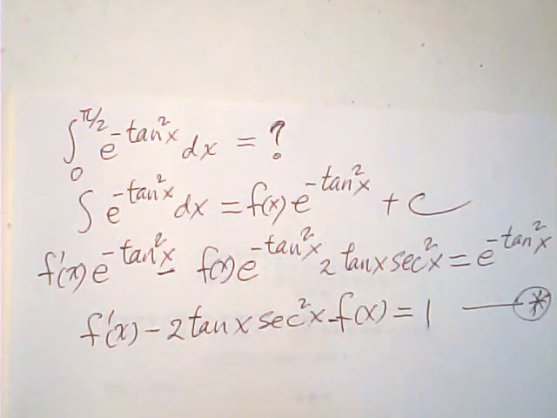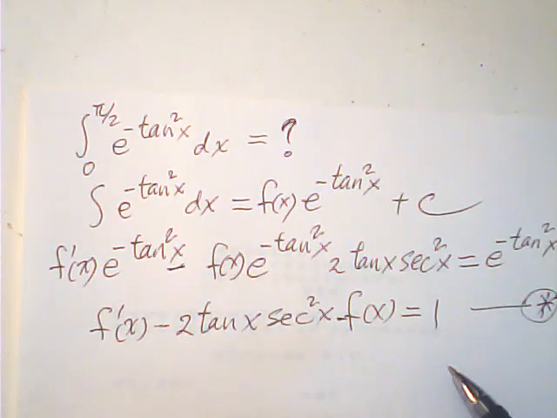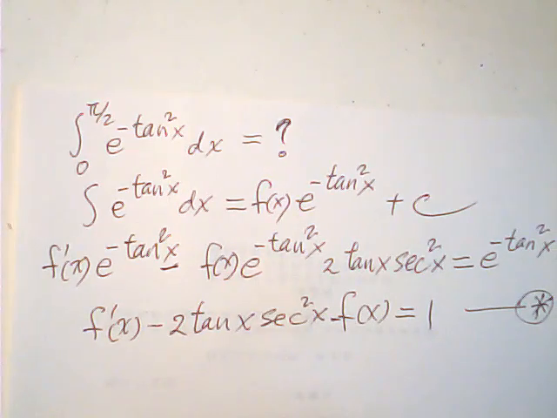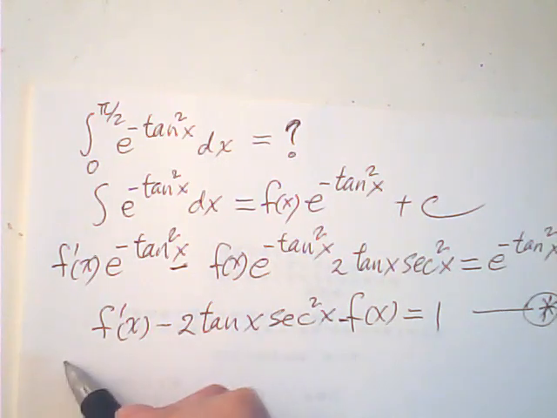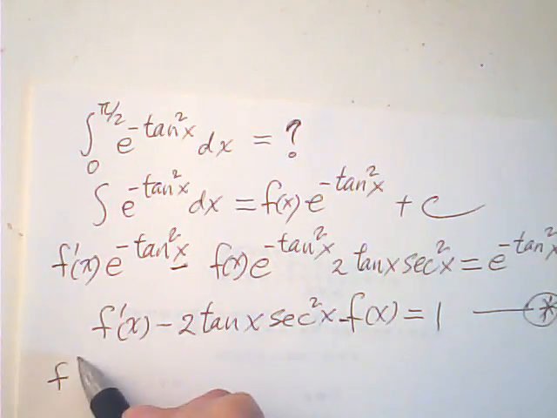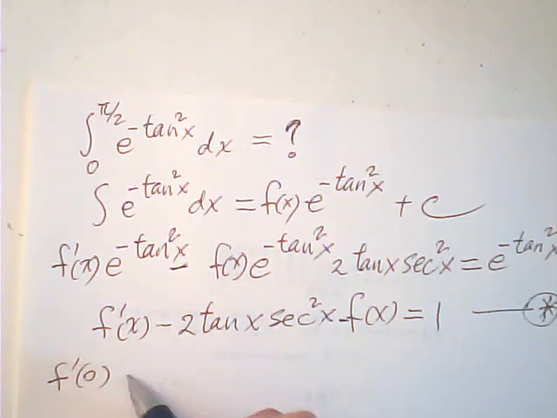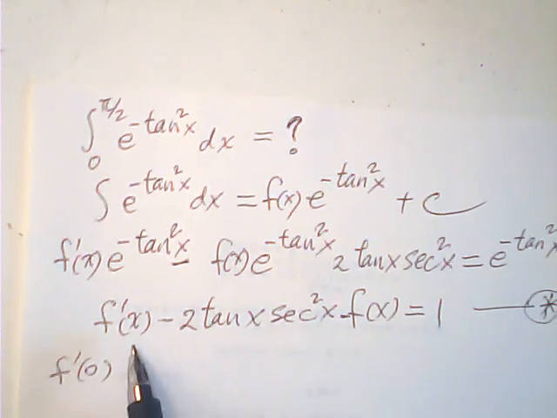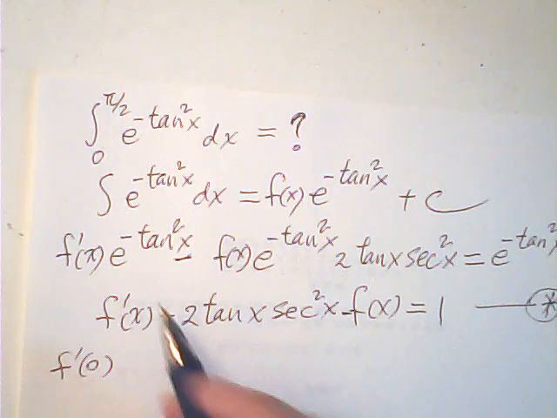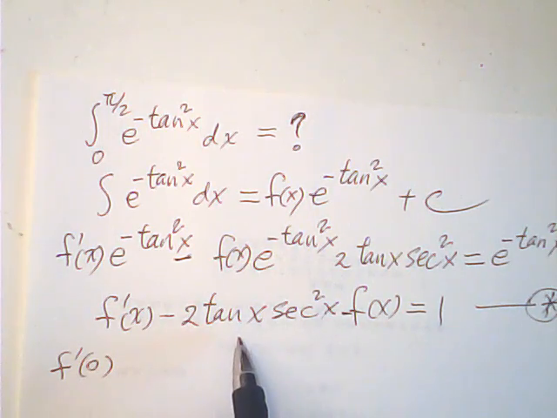Here I'm using the method of approximation, rather. Now we observe that f prime of 0, when x equals 0, this is 0, equal to 1.